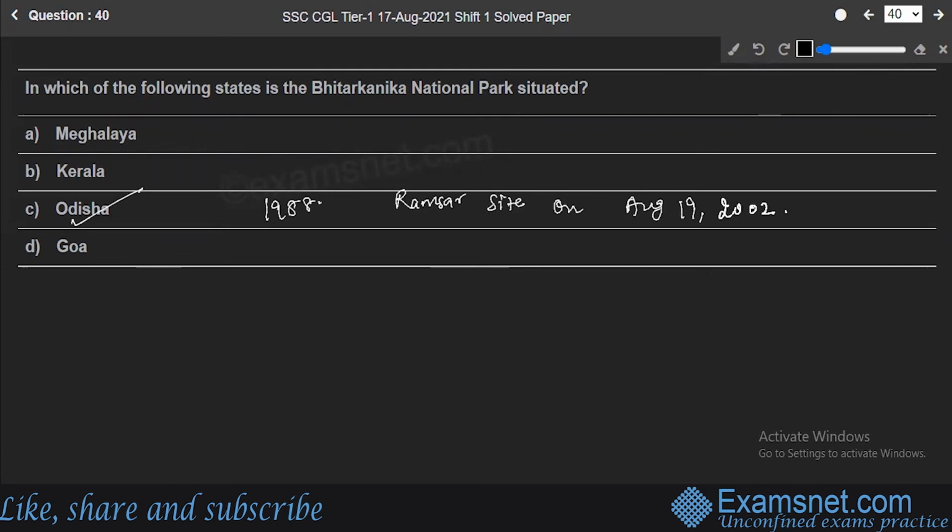The total area of the park is around 145 square kilometers. The park is home to the endangered saltwater crocodile, white crocodile, Indian python, king cobra, black ibis, and many other species of flora and fauna. So Odisha is the correct answer to the question, option B. Hope you are clear with this.